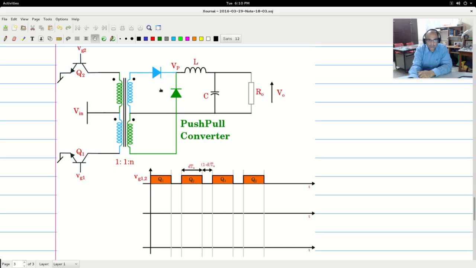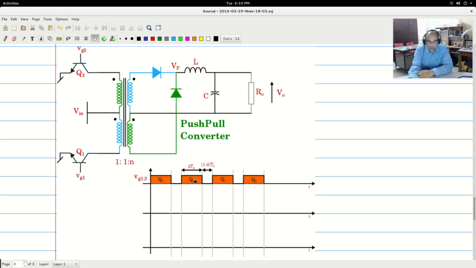Now I would like to see the currents that are flowing through this diode and this diode. These two currents are actually the ones that are flowing through the inductor. They are basically the inductor current during the time when this particular diode is on, or the inductor current during the time when this other diode is on. So during the Q1 period, the inductor current and this blue diode current will be the same.